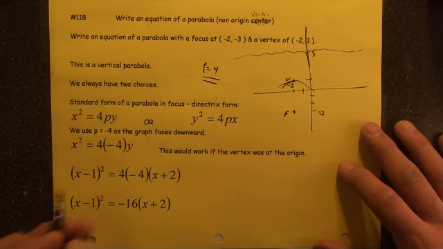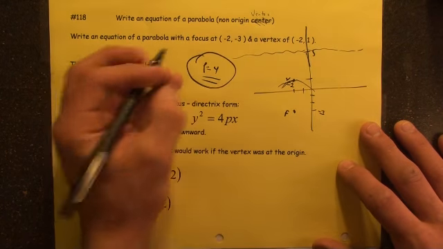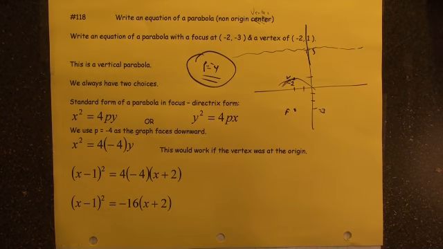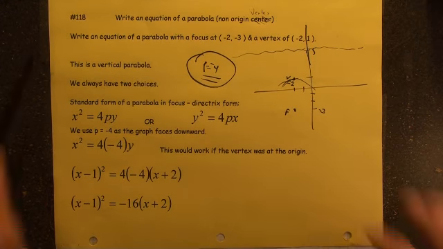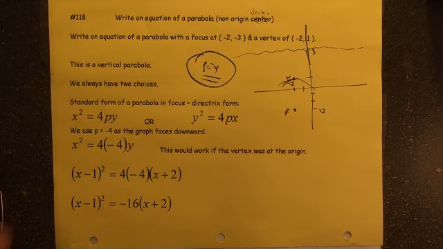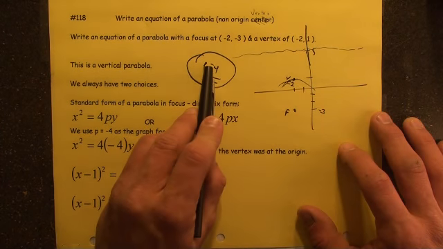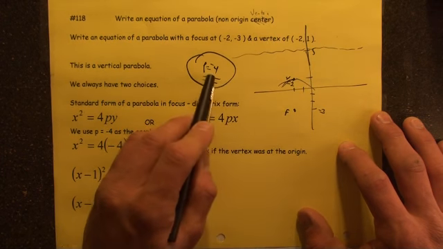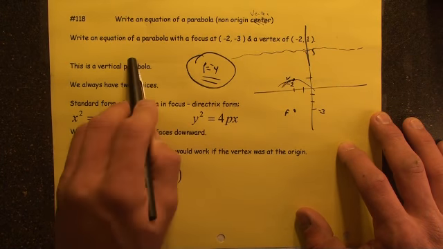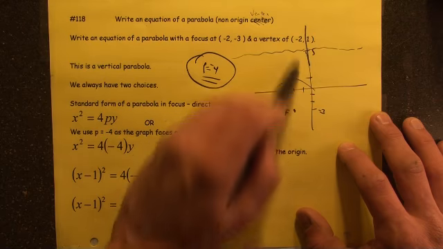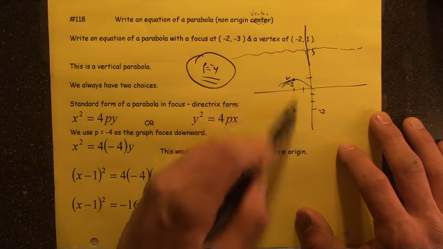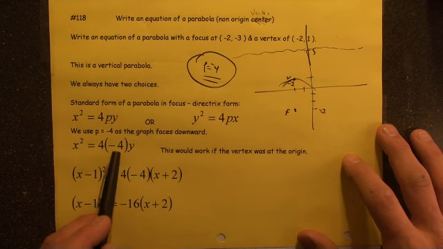Well, now the P value is actually -4, because the P value is referred to as a directed distance, as we talked about in previous videos, maybe 114, 115 or 116. So, directed down 4. It could have been left 4, but because the vertex and focus were directly above one another, we knew that this was a downward parabola. So, therefore, P is -4.